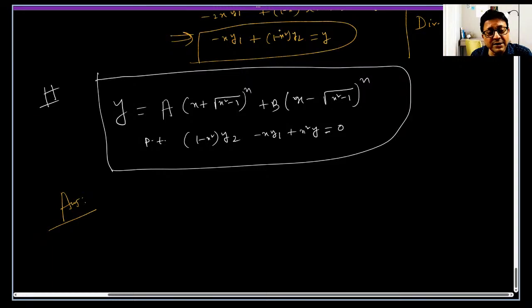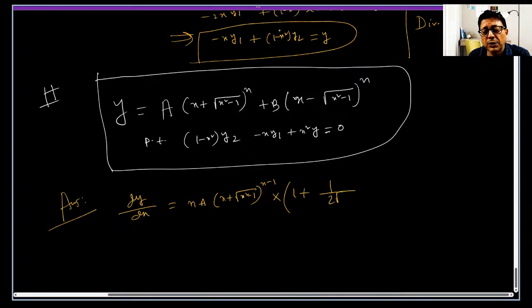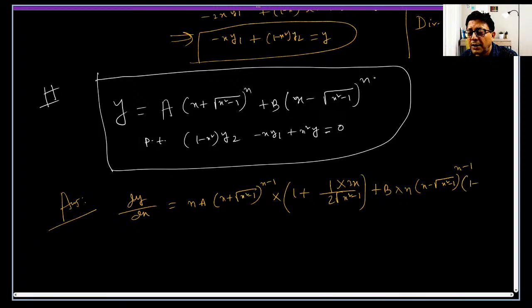If you differentiate once, dy by dx will be na into x plus root x square minus 1 to the power n minus 1 into its derivative, 1 plus 2x by 2 root x square minus 1, plus b into n x minus root x square minus 1 to the power n minus 1 into 1 minus 2x by 2 root x square minus 1. You understand?